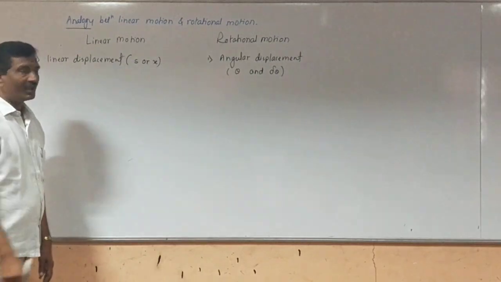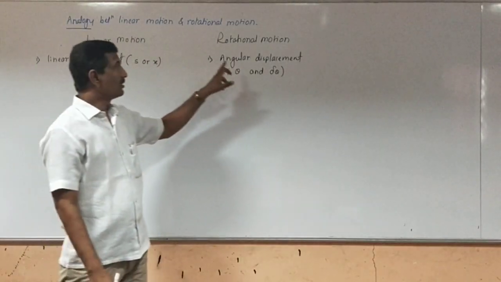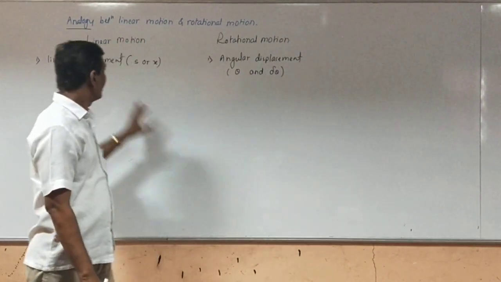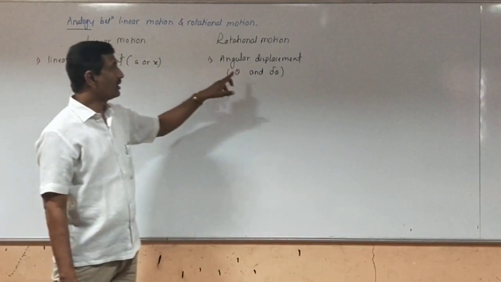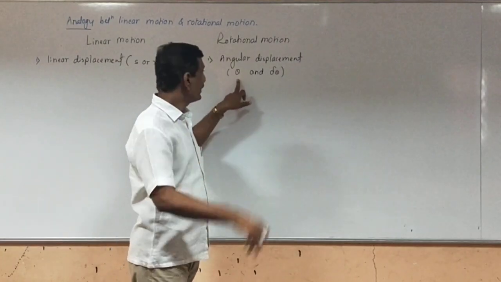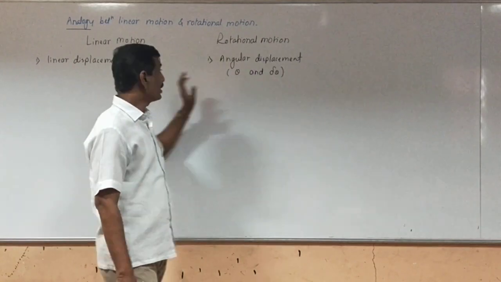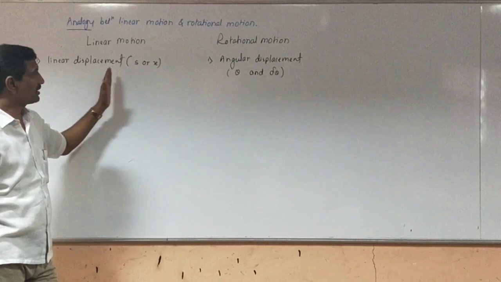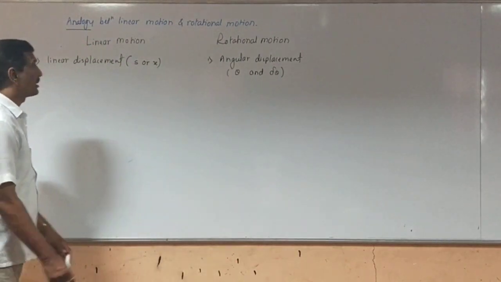Generally, unit of linear displacement is meter, while unit of angular displacement is radian. Linear displacement is a vector quantity, while the angular displacement theta is not a true vector, while delta theta is a vector. And dimension of linear displacement is 1 in length, 0 in mass and 0 in time, while angular displacement has no dimension.